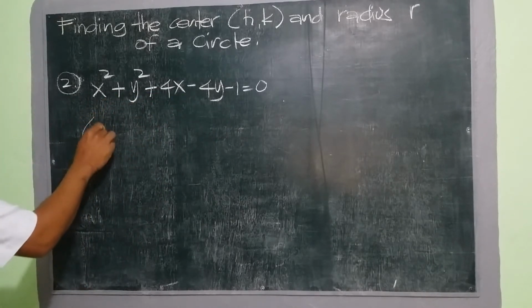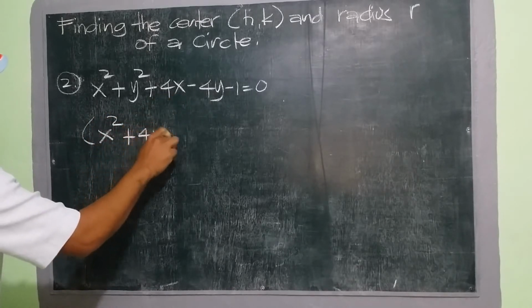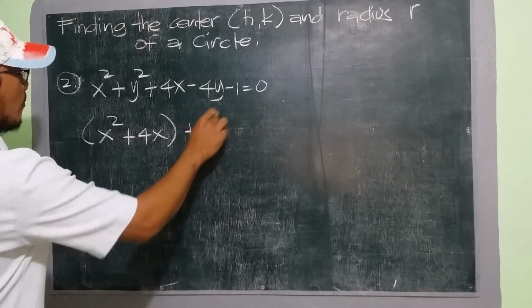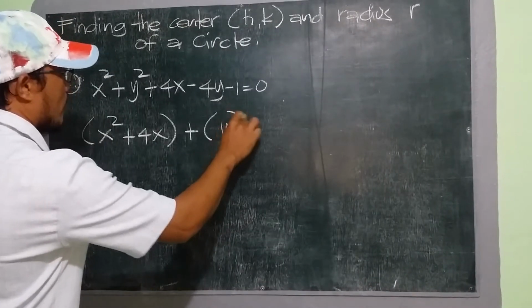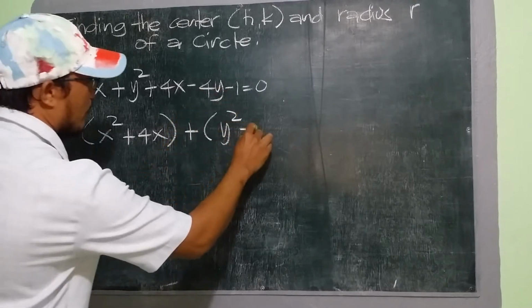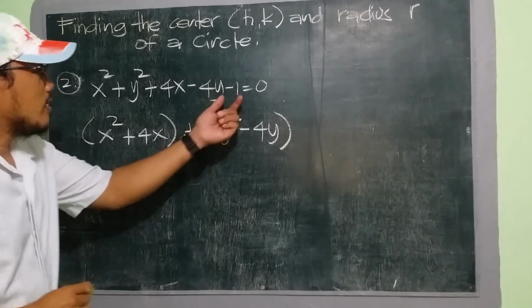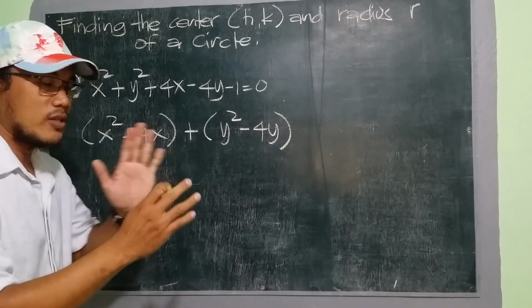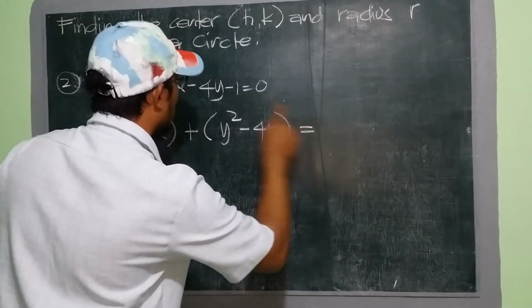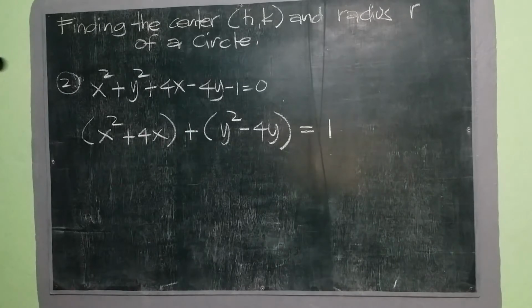So this will become x squared plus 4x plus y squared and negative 4y. Since we have negative 1 here, we put that on the other side of our equation, and it becomes positive 1.